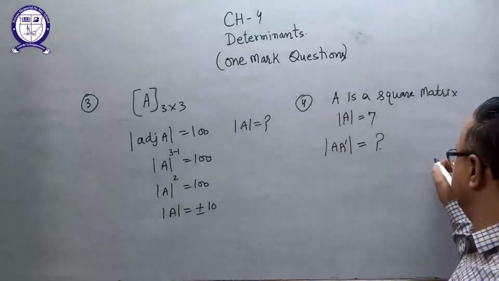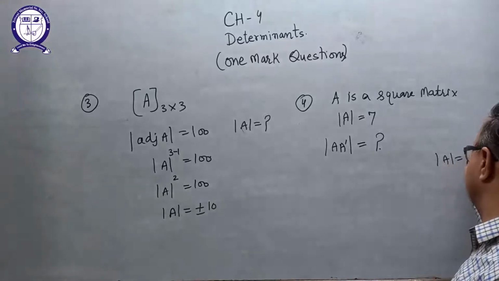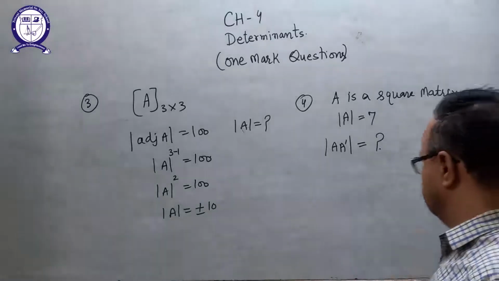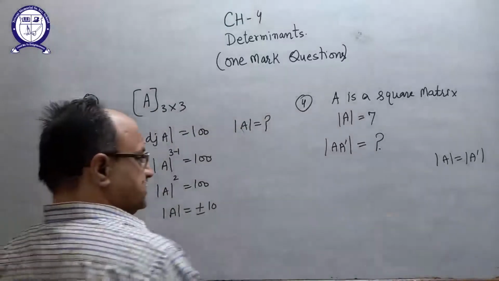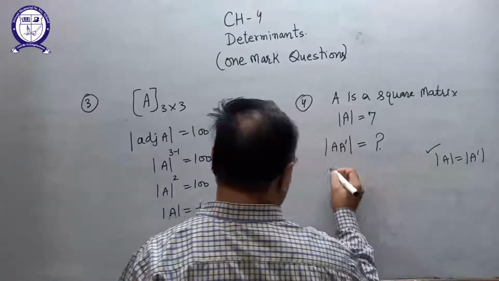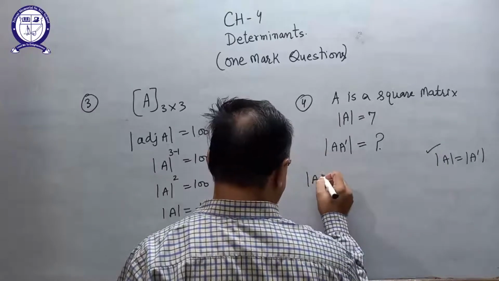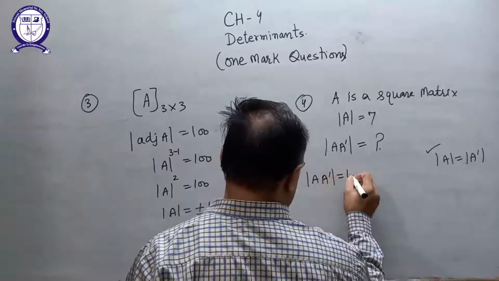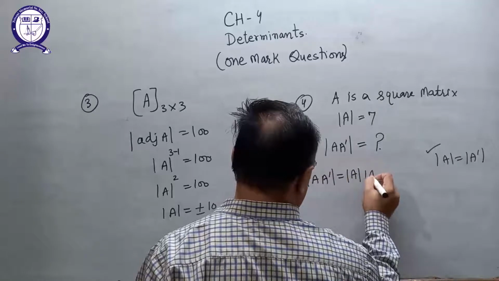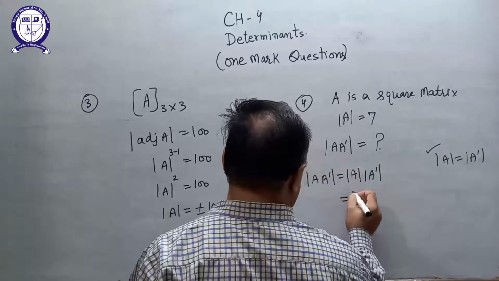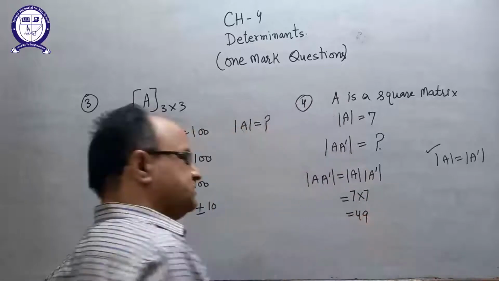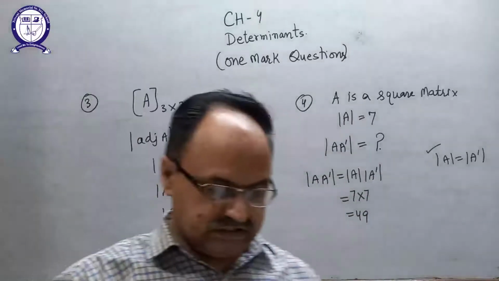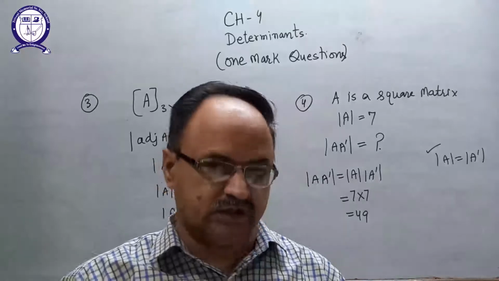You know about the property: determinant of A is equal to determinant of A transpose. This is an important property. With the help of this property, you can solve. Therefore, 7 into 7, 49 is the answer of this question. Clear?